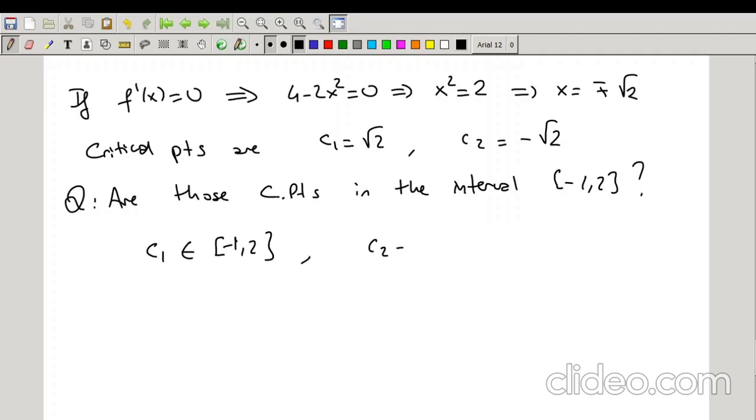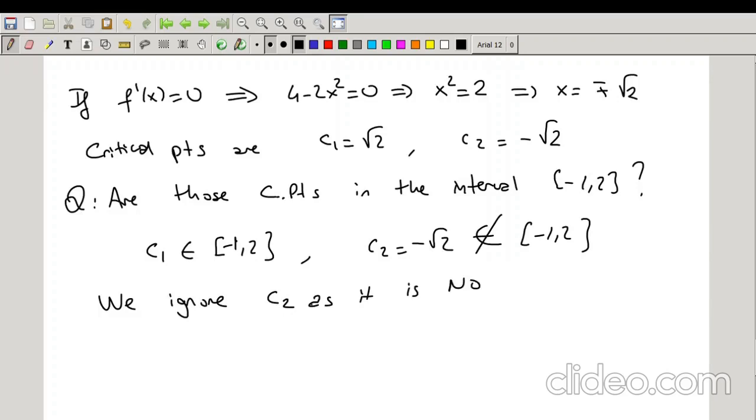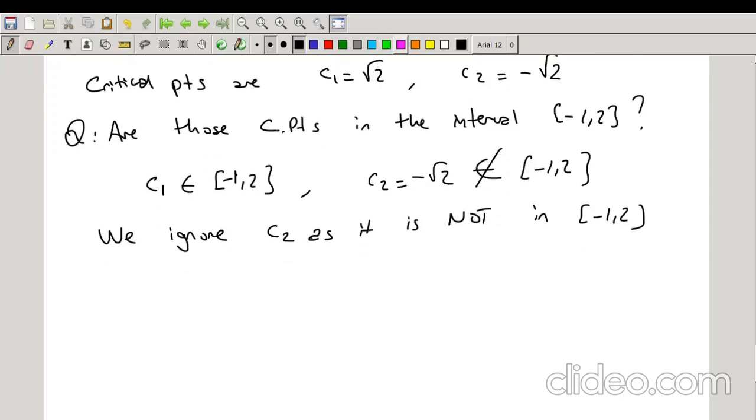However, C2, which is minus square root of 2, is not in the interval minus 1 and 2. In other words, we ignore C2 as it is not in minus 1 and 2. Okay, we have now one point. Let me take it in the following square. So critical points is finished.